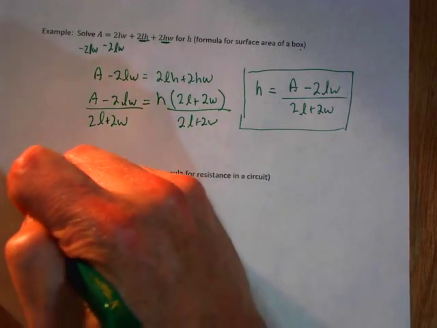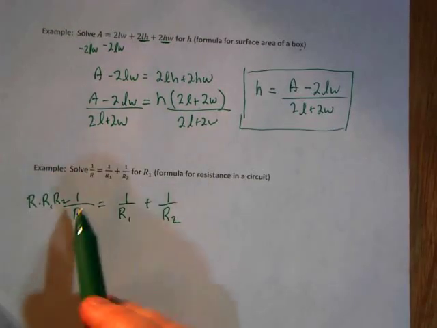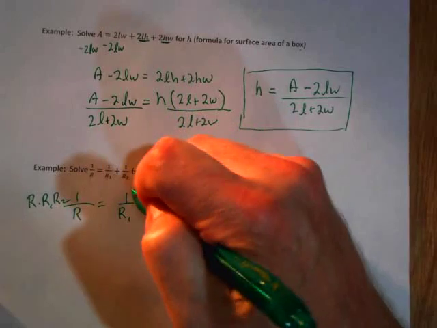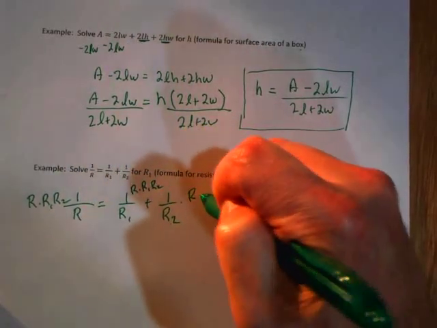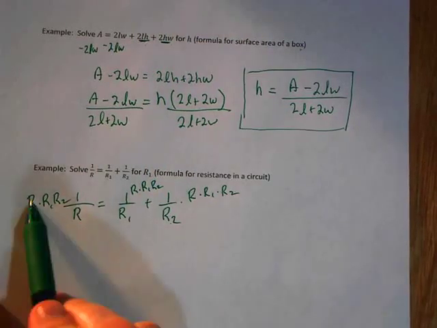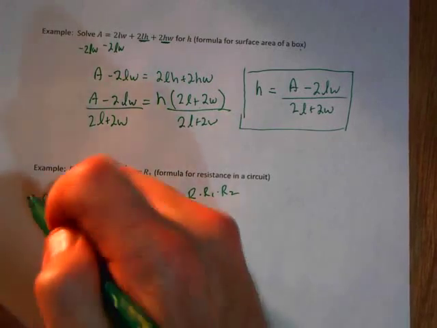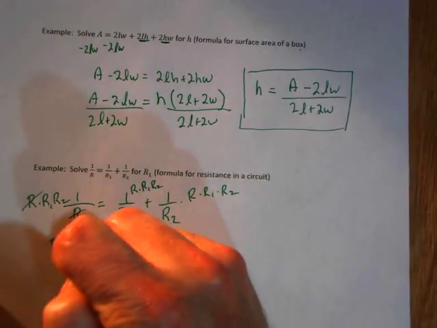All right, so I'm going to multiply by the common denominator. The common denominator needs an R, an R1, and an R2. And I have to do that everywhere. And then look what happens. Here I have an R on top, and here I have an R on bottom. Those R's go away. I'm left with R1, R2.